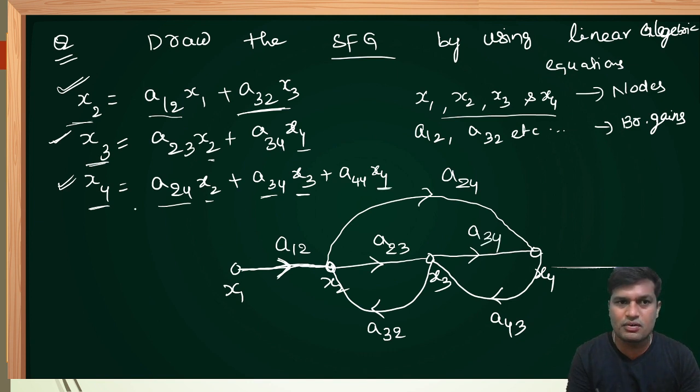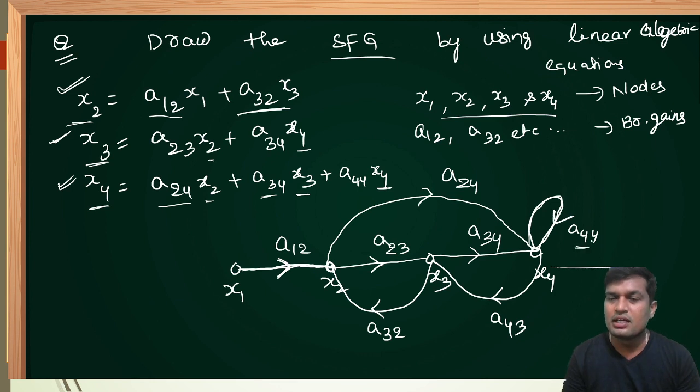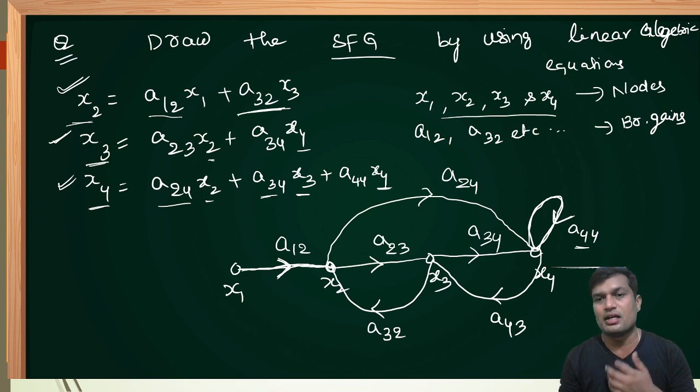From x4 to x4, that means x4 to x4 without touching any internal node, it is called a self loop. That means there is no internal node, the starting and ending point is the same node, then it is said to be a self loop. This is the signal flow graph for the given linear algebraic equations.